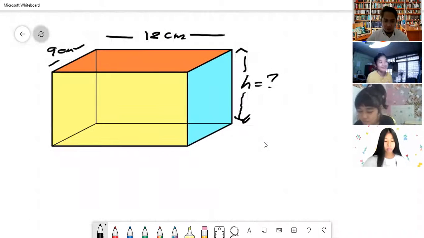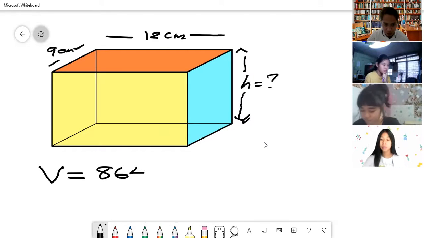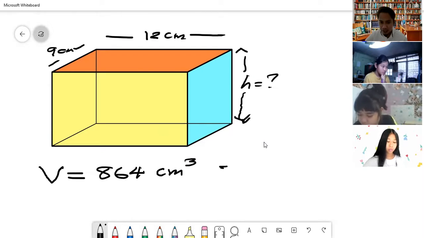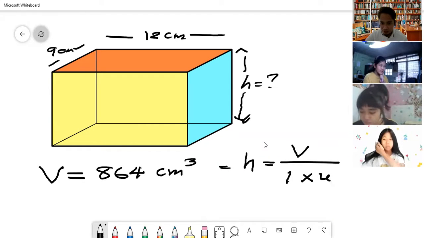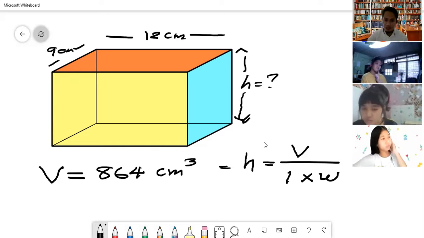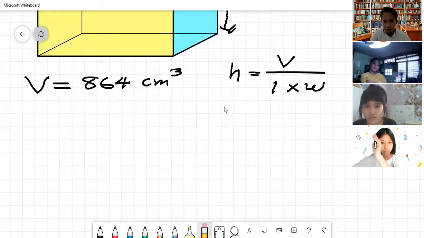What's the volume? You write the volume first. Volume is equal to 864 cubic centimeters. Now, how to get the height? Very easy. Height is equal to volume over length times the width.